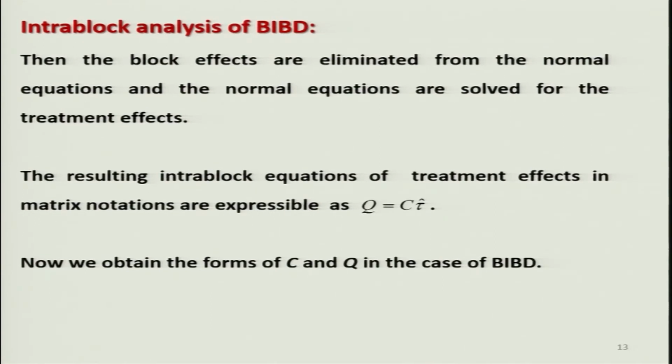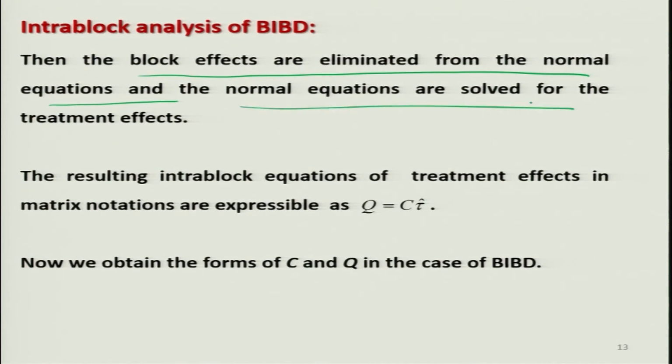Now, as I discussed, we have two options, whether we want to consider the null hypothesis about the equality of treatment effects or the block effects. We are going to consider the null hypothesis about the equality of treatment effects. For that we had obtained the reduced normal equation, in which we had eliminated the block effects from the normal equation, and then the normal equations were solved to obtain the treatment effects tau j hat, or in the form of a vector, tau hat.